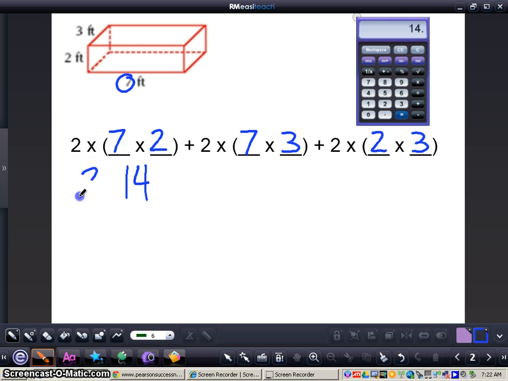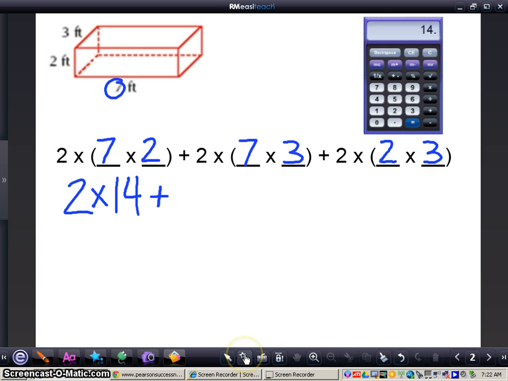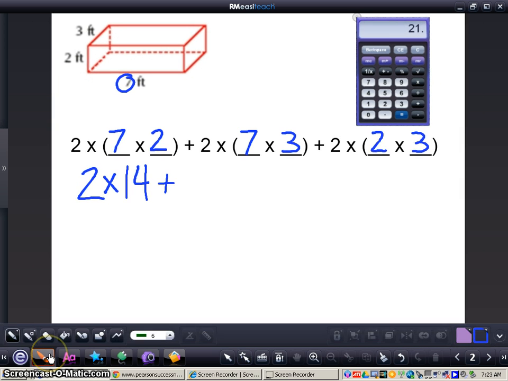So now we have 2 times 14 plus, now we'll go to our next number, 7 times 3. If you know these off the top of your head, that's okay. 7 times 3 is 21. So I will just write plus 2 times 21. You see I'm writing every single step right underneath the other one.